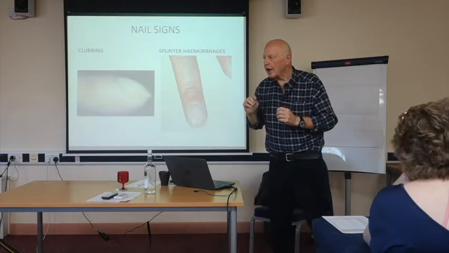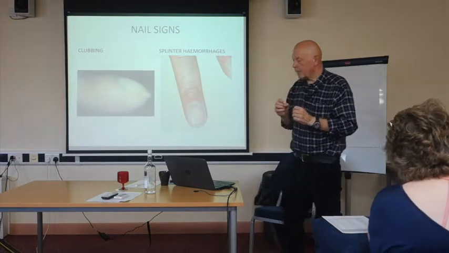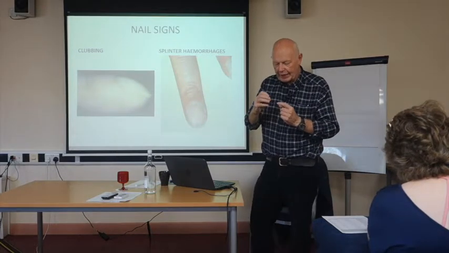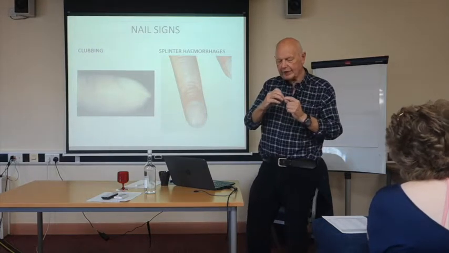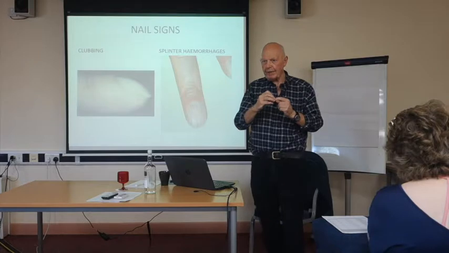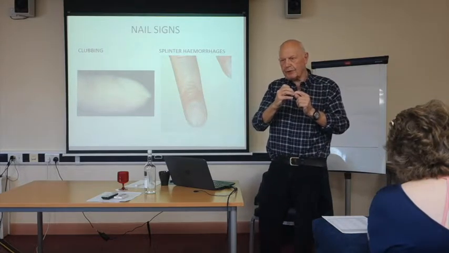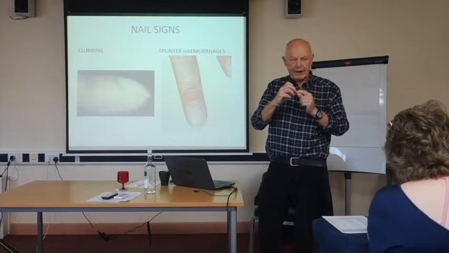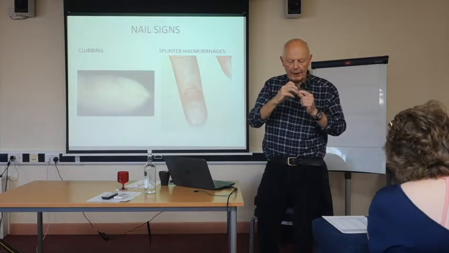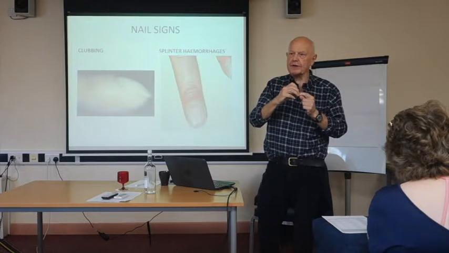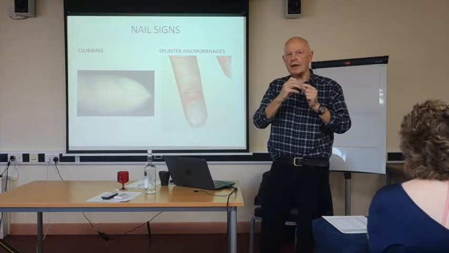An early sign of clubbing of the nails is when that very tight attachment of the nail there is lost, and the nail lifts a little bit off the bed. So if you press it, it's a bit like pressing it on soggy tissue paper. It kind of squidges a bit, and you lose that little angle.